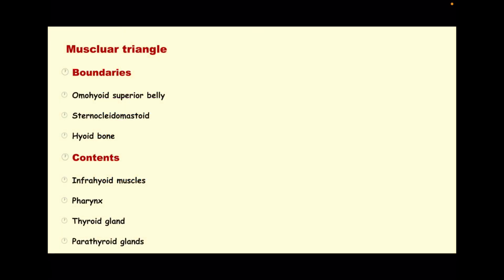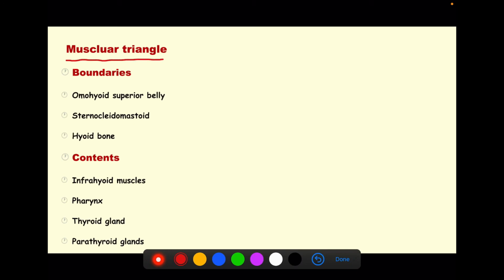Now we are discussing the last part of the anterior triangle, called the muscular triangle. Its boundaries are the omohyoid superior belly, sternocleidomastoid, and the hyoid bone. We are familiar with these three words.